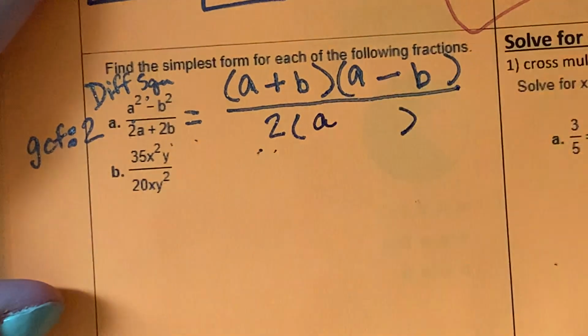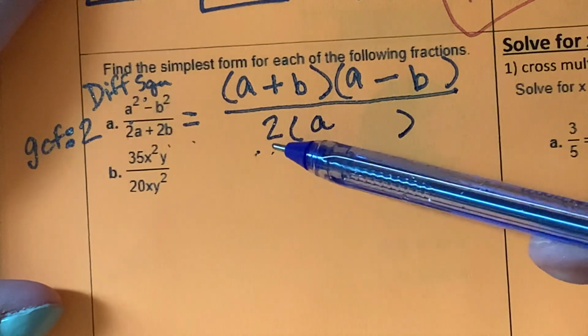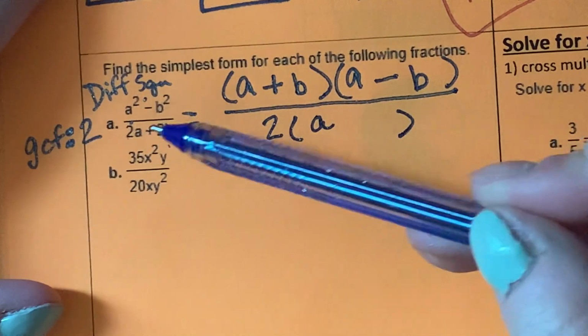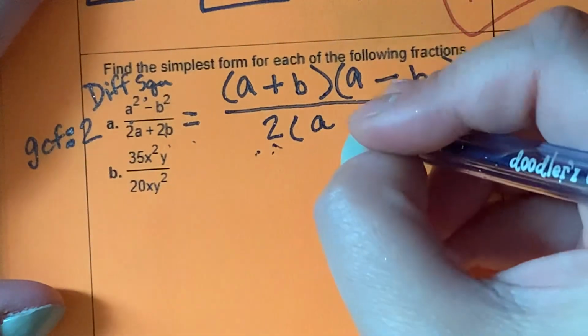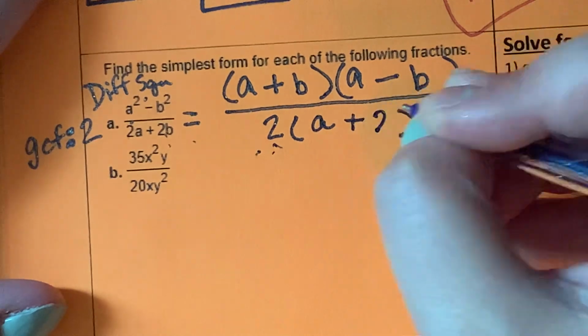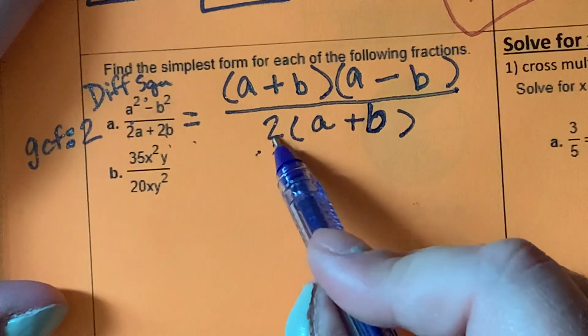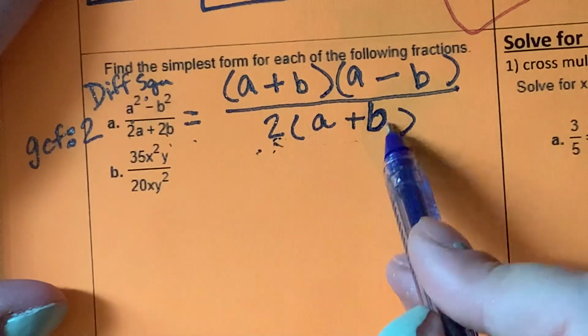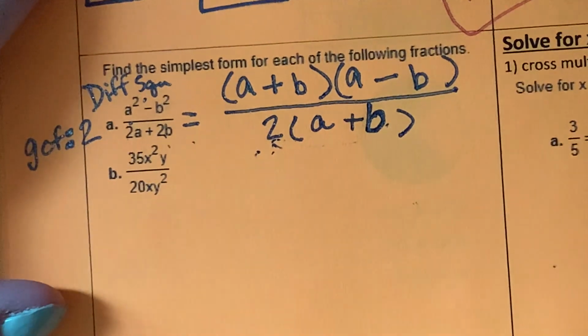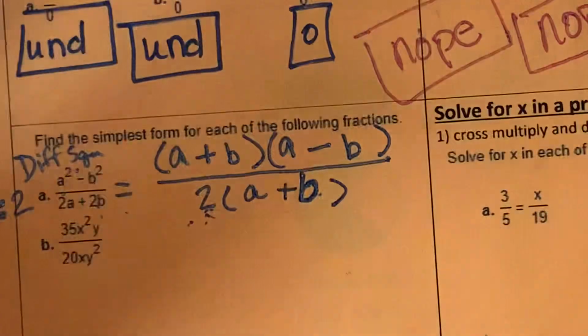Well, A. What multiplies with this 2 to get the plus 2B on the bottom? Well, plus B. That way, 2 times A is 2A. 2 times B is 2B. Okay, so I've just factored it.